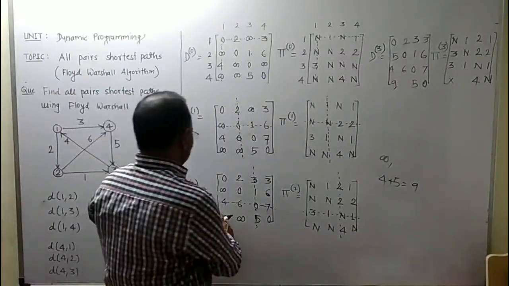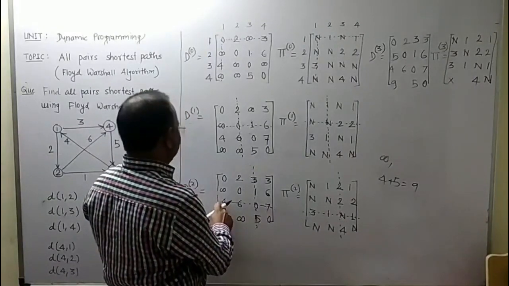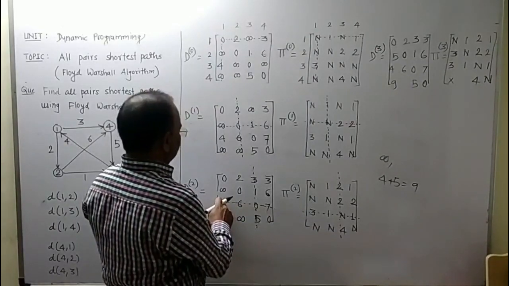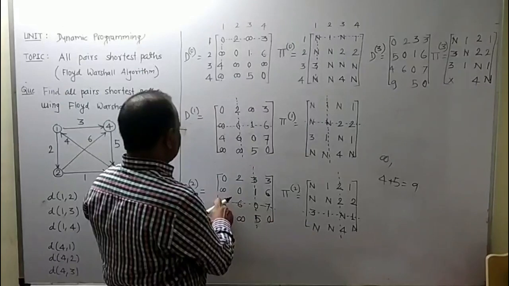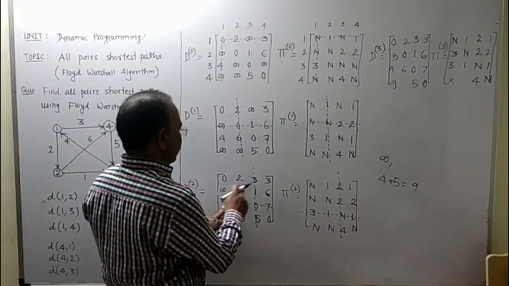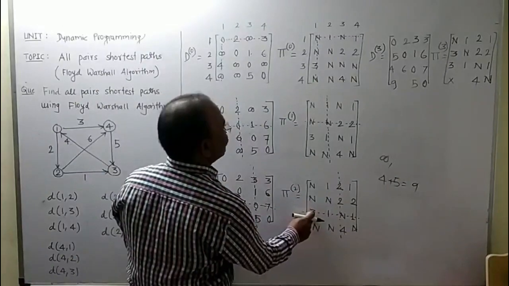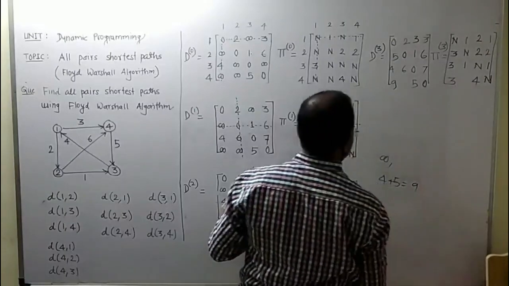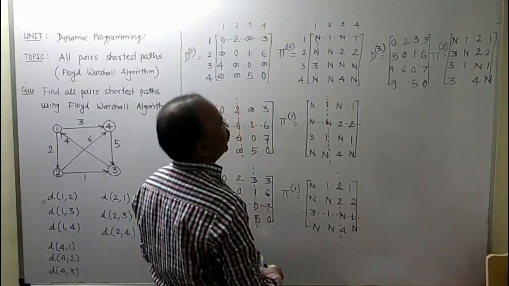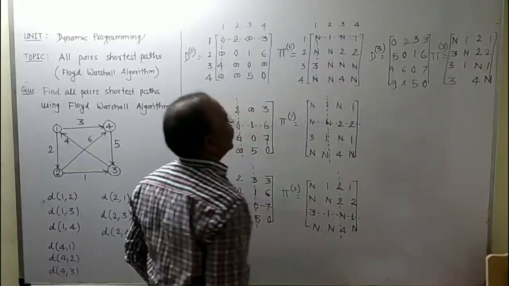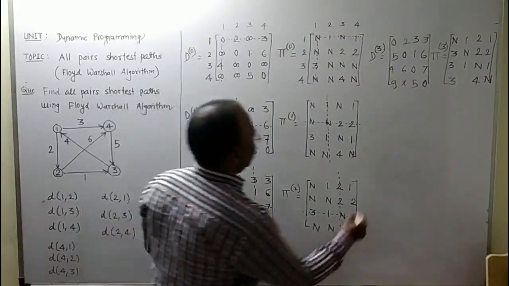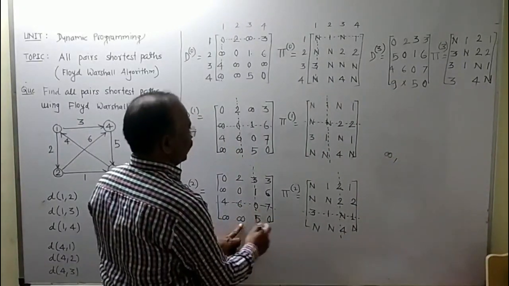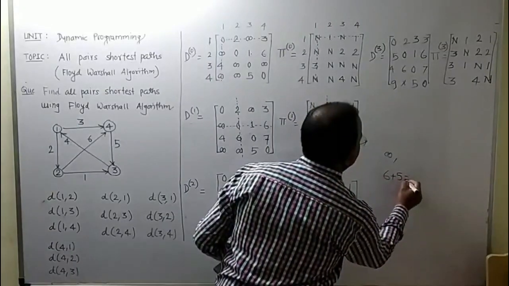Now from this place go vertically so that we will touch the horizontal line. That is 4. Now see the value at this place in pi 2, that is 3. So 3 will come here. Now this place. Here we have infinity, first value. Then 6 plus 5, that is 11.